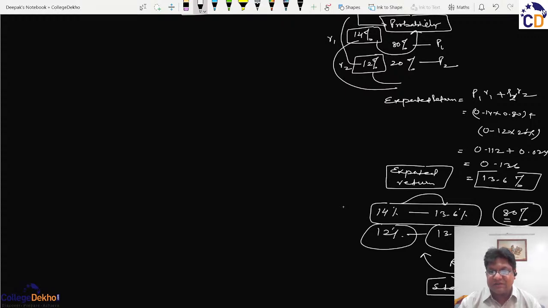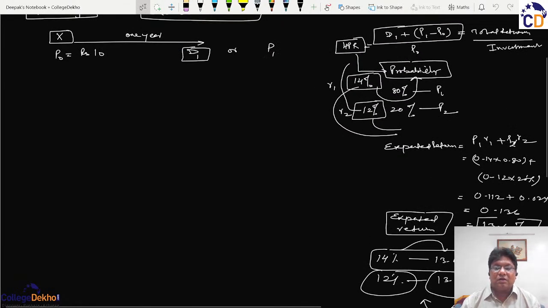We will first try to see how I arrived at this figure of 14% with 80% probability and 12% with 20% probability. Also, it may not be possible that there are only two expected returns, because different people may expect different returns, or there may be different ways of calculating the expected returns, and they may have different probabilities or expected percentages.